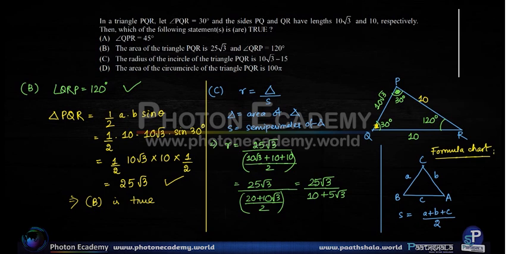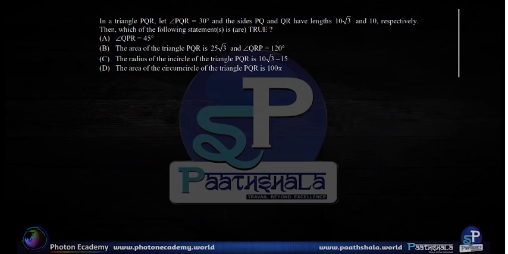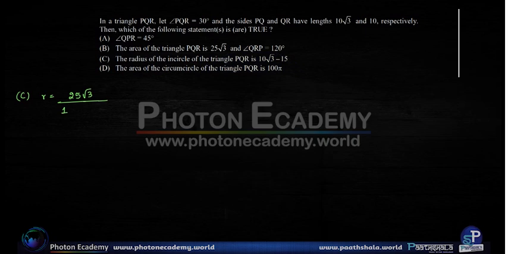We need to rationalize the denominator. For that, we will multiply and divide by a number so that we can rationalize the denominator. For rationalizing the denominator, we have R is equal to 25 root 3 divided by 10 plus 5 root 3. We multiply the denominator by 10 minus 5 root 3 and we multiply the numerator by the same, which is 10 minus 5 root 3.